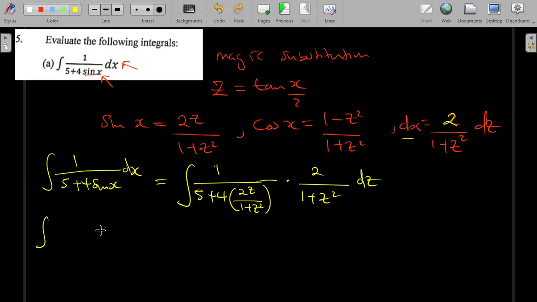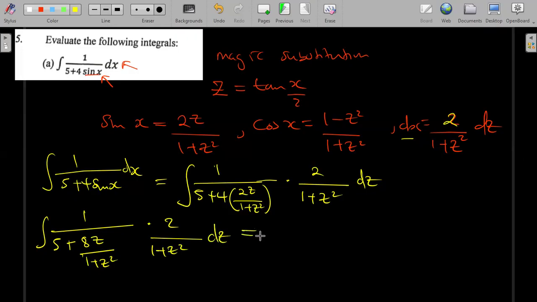I have 1 over 5 plus 8z over 1 plus z squared, multiplied by the 2 over 1 plus z squared dz.